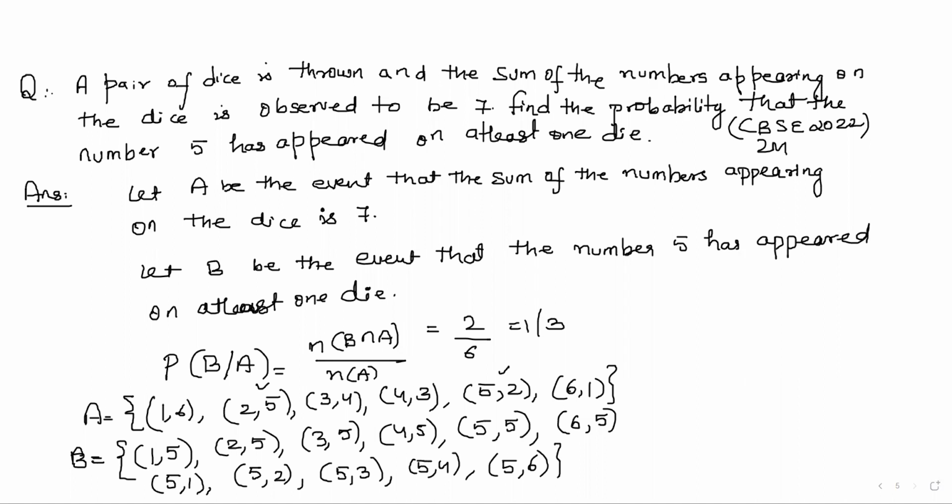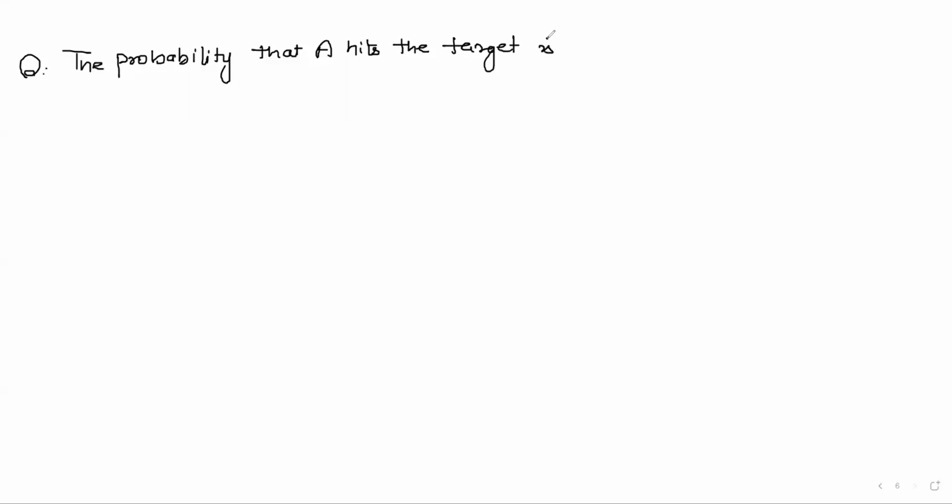This also came in CBSE 2022. The probability that A hits the target is 1 by 3, and the probability that B hits is 2 by 5.